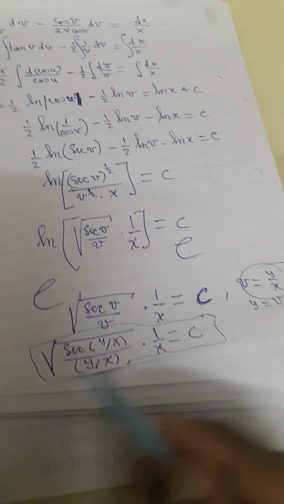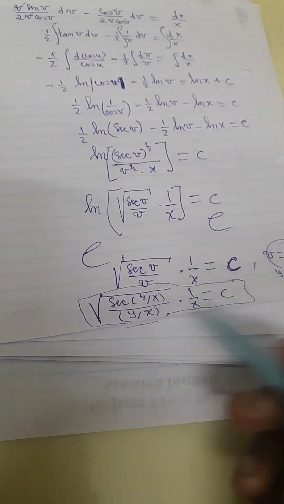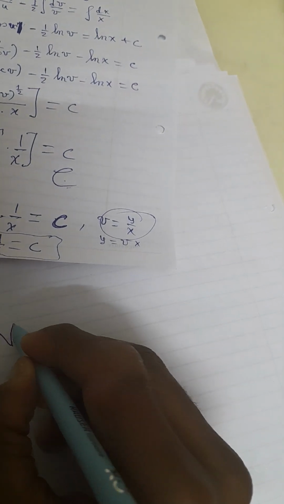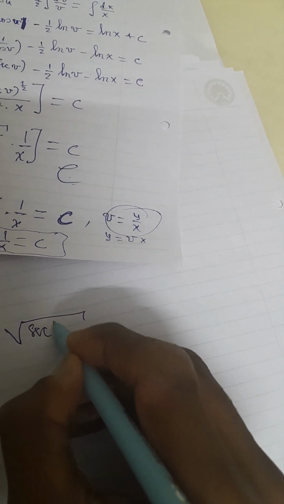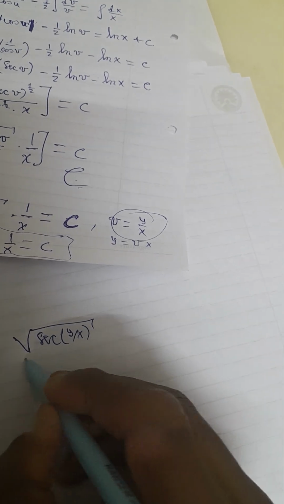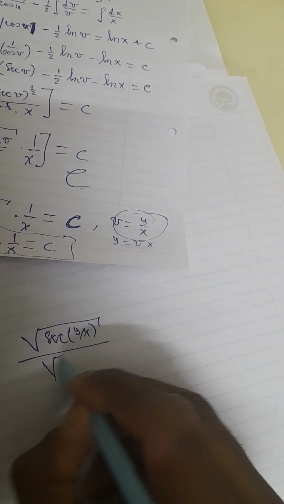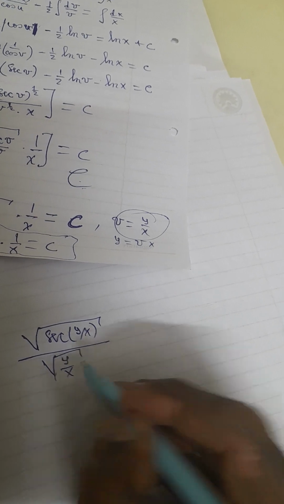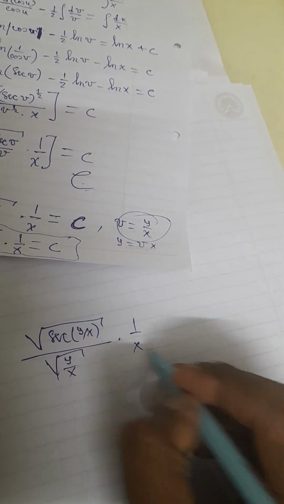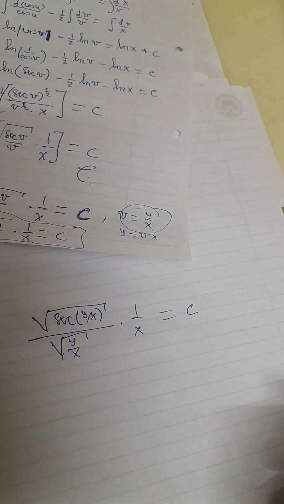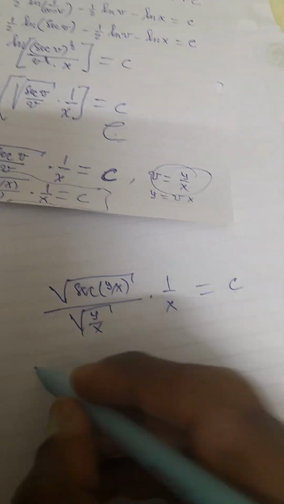If you feel like it, you can do some more simplification, because this expression is root of sec of y upon x, and here you have root of y upon x, times 1 upon x, is equal to c. You can just play a little bit with this.